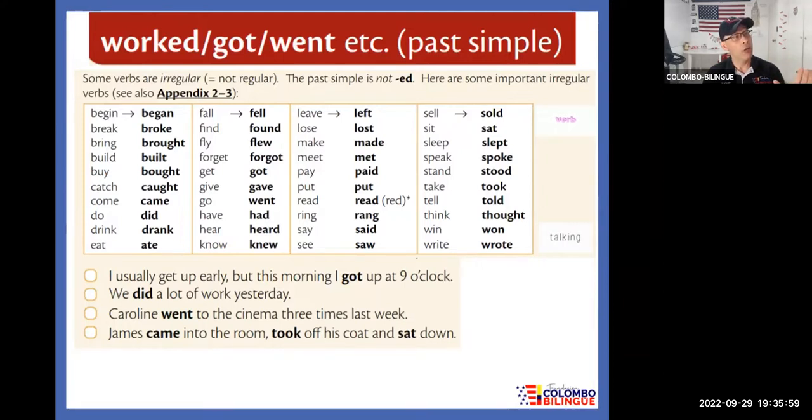If you don't know them, please raise your hand and ask me, teacher, what is build? Construir. Teacher, what's ring? Tocar el timbre o sonar el teléfono. Okay. Teacher, what's stand? Ponerse o estar de pie. Okay, so if you don't understand a verb, ask me, because guys, as I mentioned to all of you before, I'm going to assume that you know them, okay?